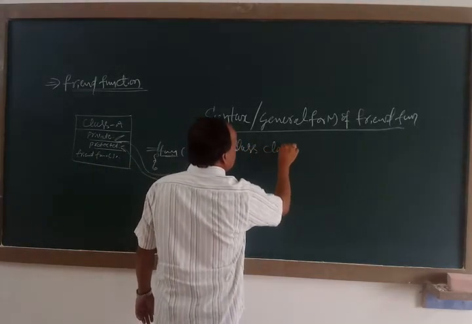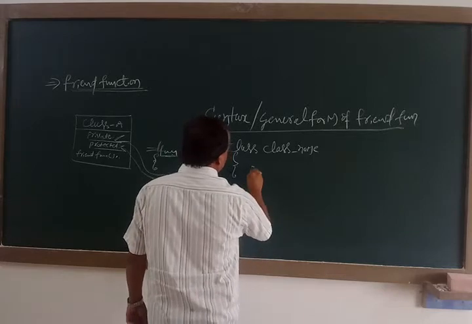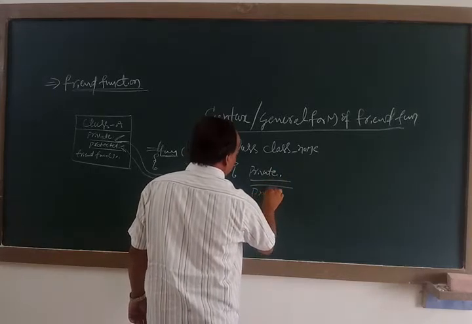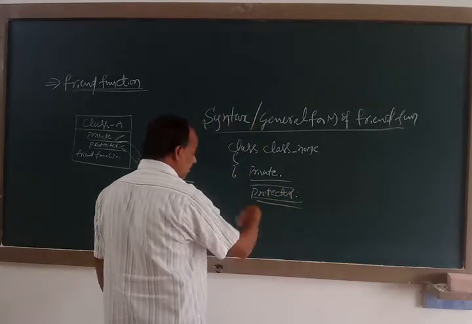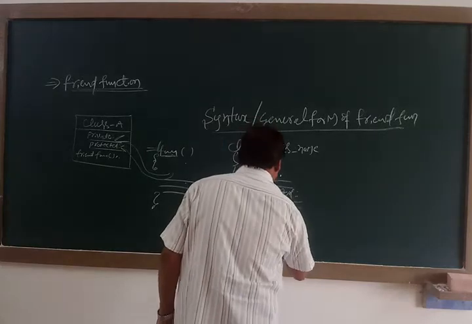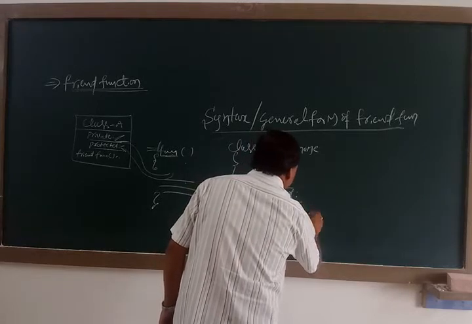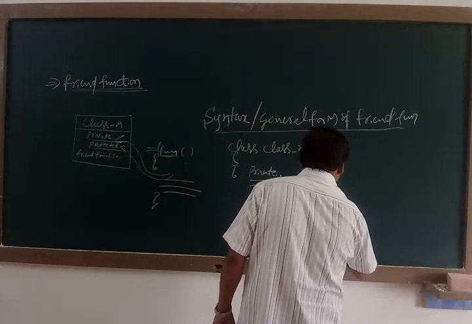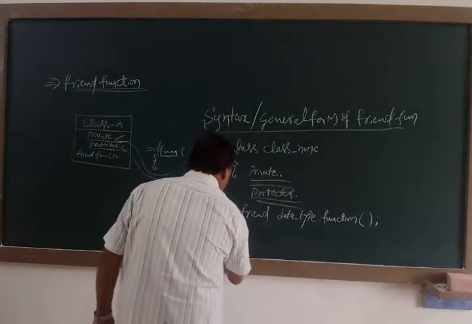Class name, open flower bracket, private, some data member, protected, some data member, friend, data type of the function, closing of class.